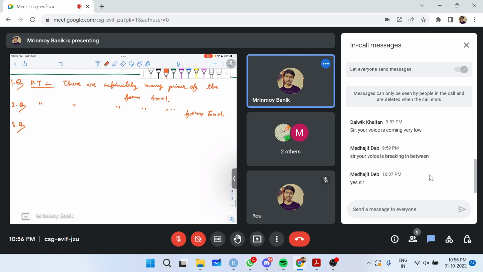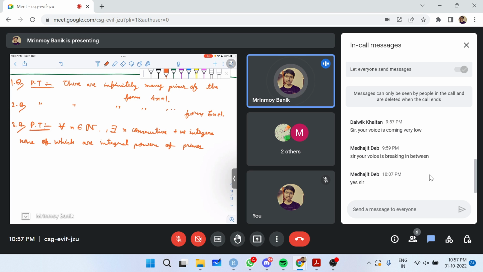Third one is, prove that for each positive integer n, so for all n in capital N, that is natural numbers, there exist n consecutive positive integers, none of which are integral powers of primes.